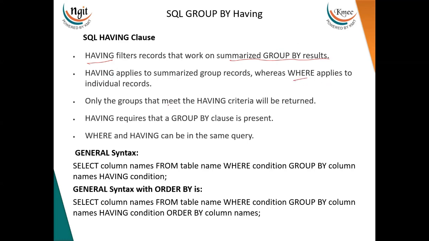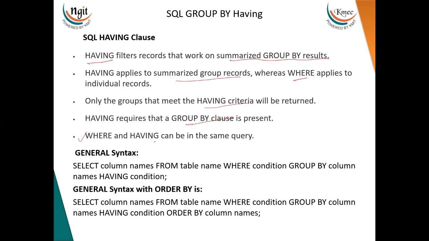Where is applied for individual records, but having is a clause which applies to the summarized group records. Whenever you are using the having clause in the query, there must be a group by clause. If group by clause is not present and you are using having clause, then the query is incorrect. Where and having can be used in the same query.